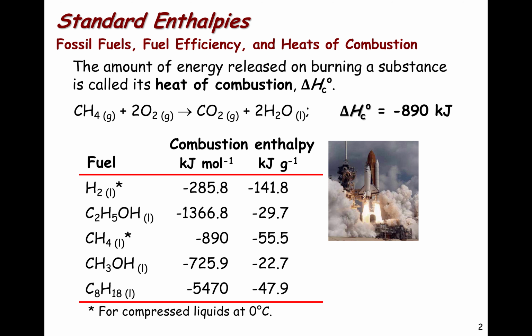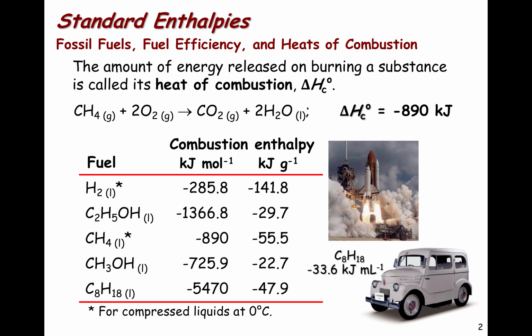And of course, these are all very, very important in our modern society in terms of various types of work that can be done with this energy. So, for example, we could talk about the fuel for your car, or possibly in the case of the space shuttle, we typically use elemental hydrogen as the fuel.